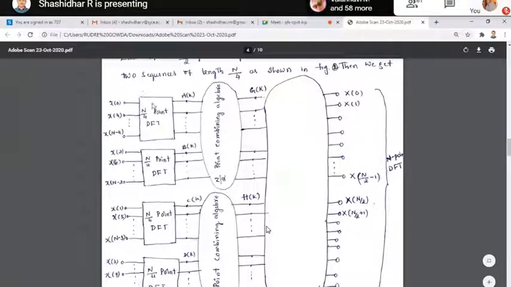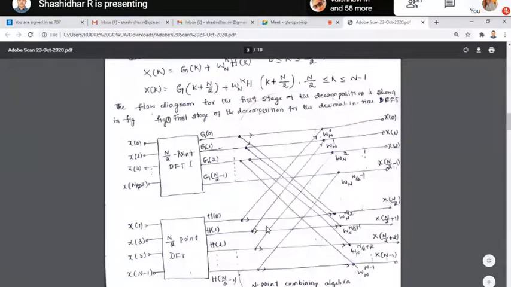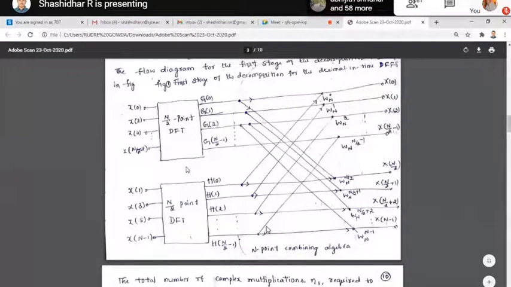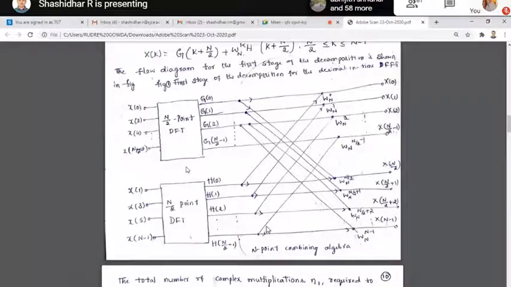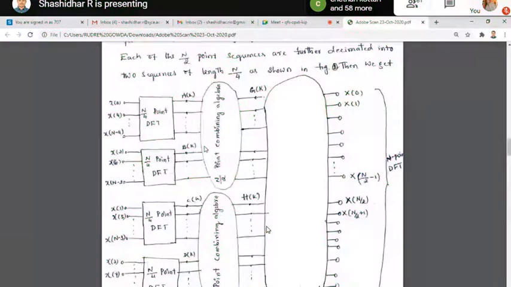In the first stage, we divided N into 2: one is the even part, another is the odd part. In the second stage, the even part is divided into 2 and the odd part is divided into 2.